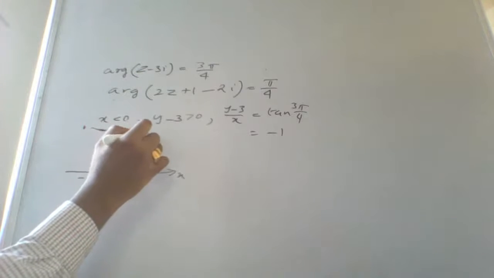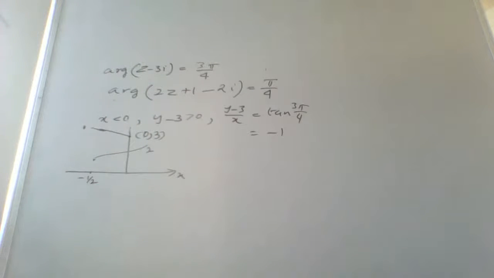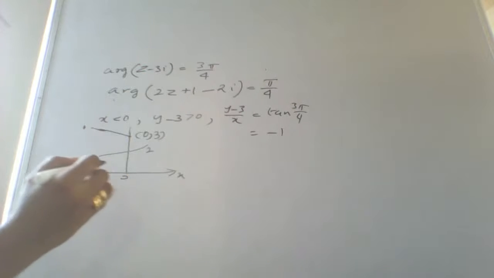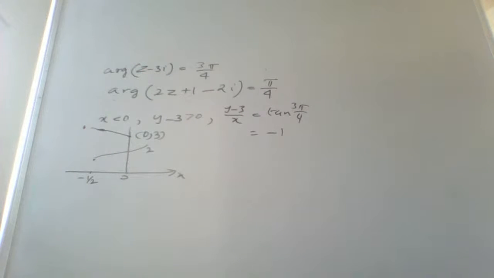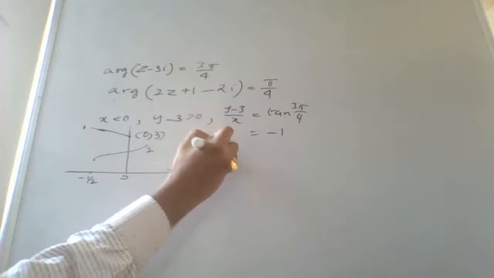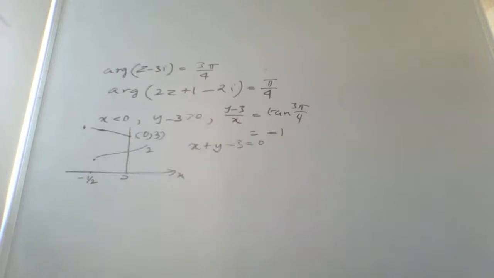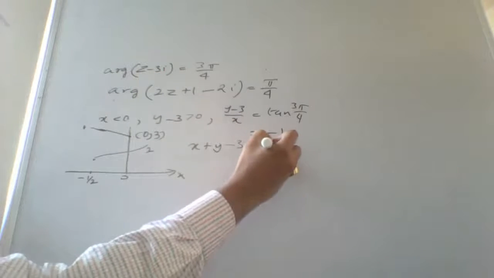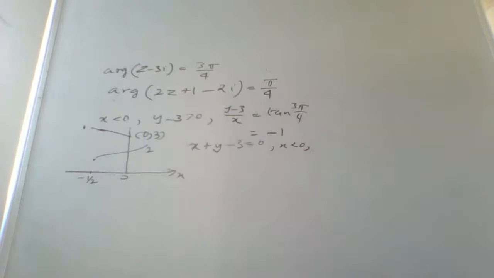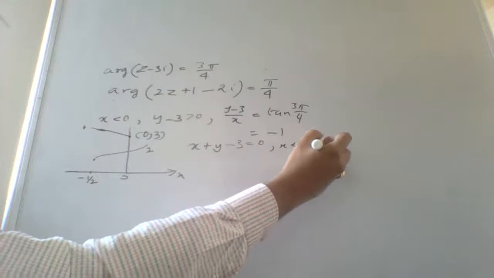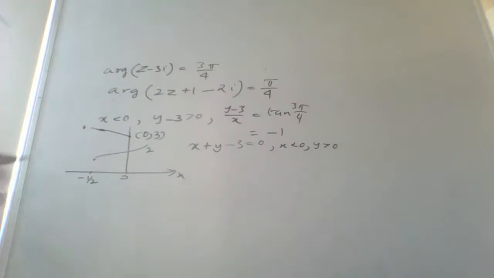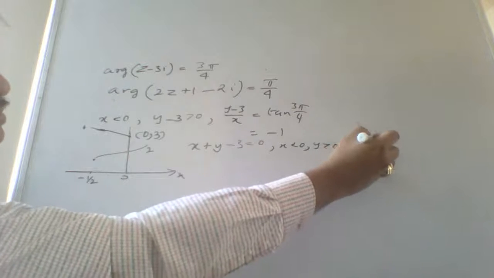So this is 0 comma 3. So here x plus y minus 3 is equal to 0, where x is less than 0 and y is greater than 0. Consider this as 1.